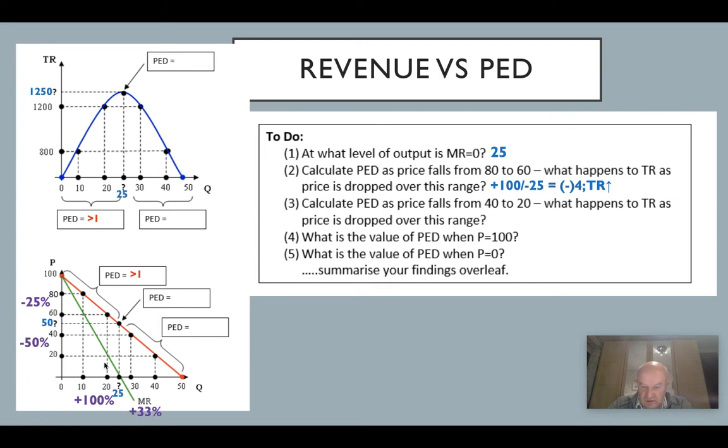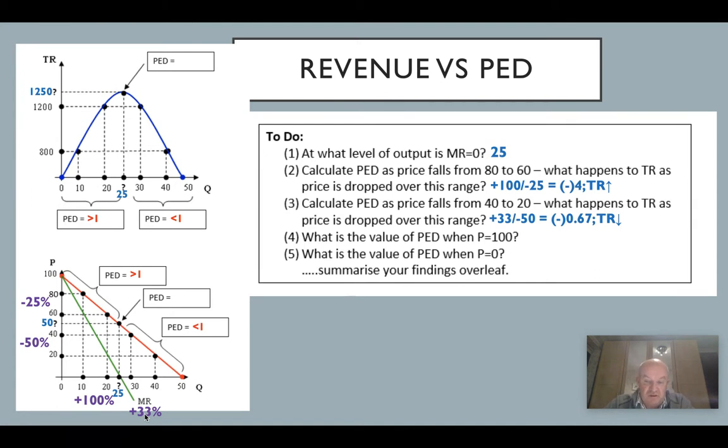So in this instance, then, we've got the price falling from 40 to 20, so that's a 50% fall in our price, and we've got a 33% increase in the amount that we will sell. Okay, so in this instance, again, significant difference here, where effectively we've got a 50% fall in price, but only a 33% increase in the amount ordered or bought.